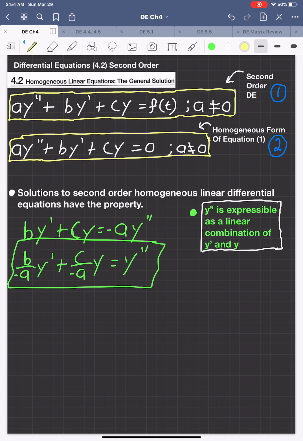Well, the form that comes to mind for y, what would y have to look like?